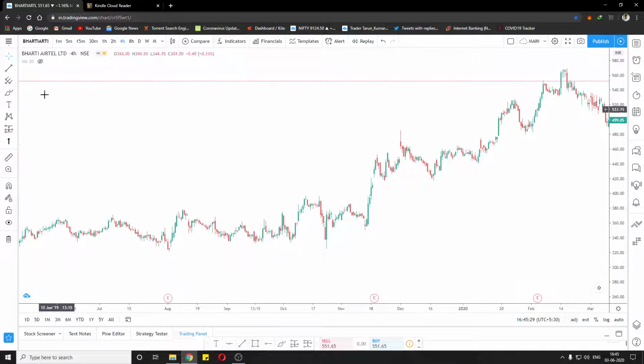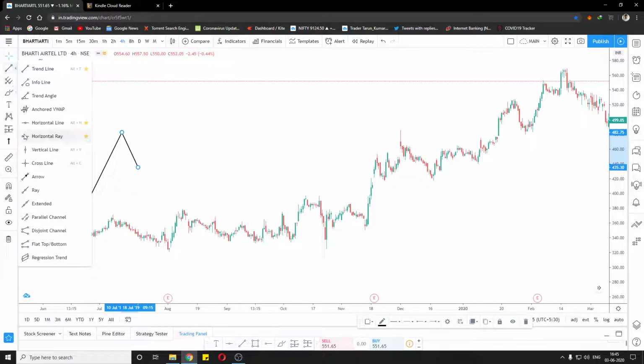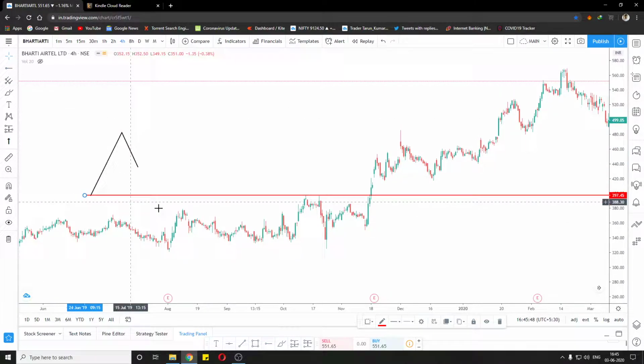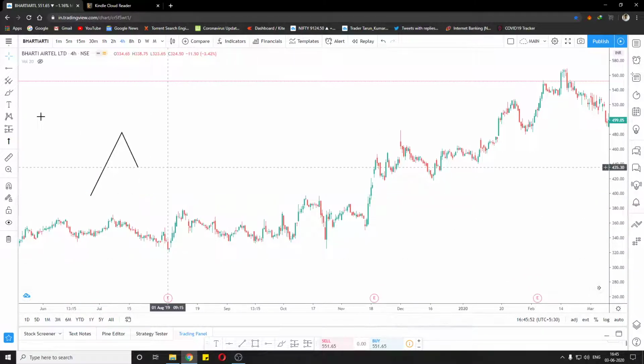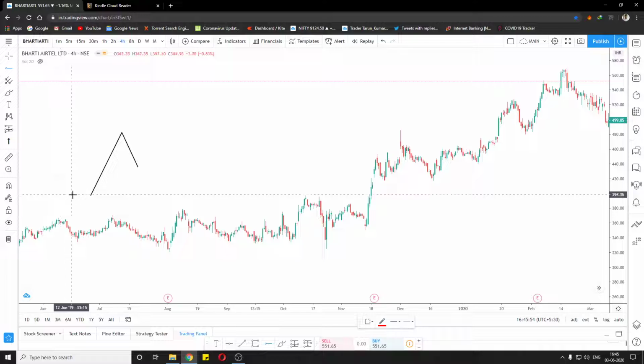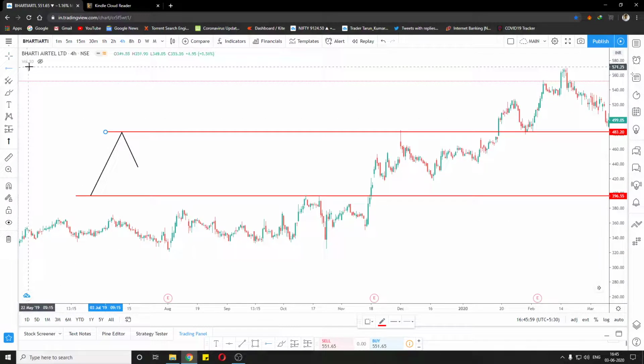What is an uptrend? In an uptrend, we will have a first move, the initial move. Then we will have a correction which will not cross the initial level. So this is our bottom level, this is our top level, and this is our correction.